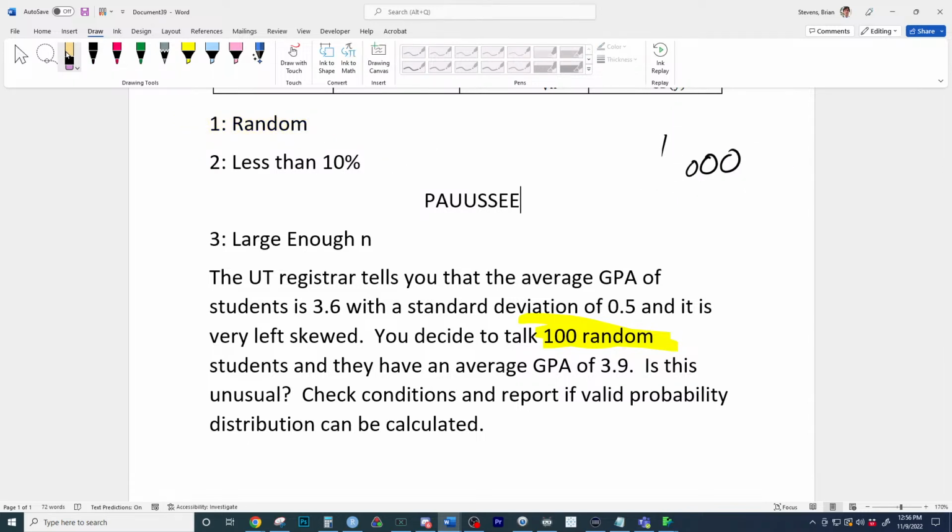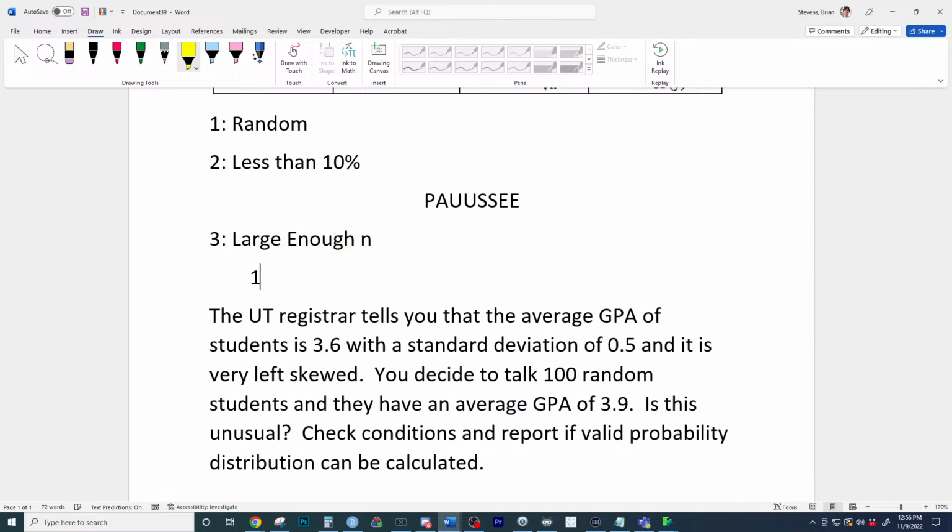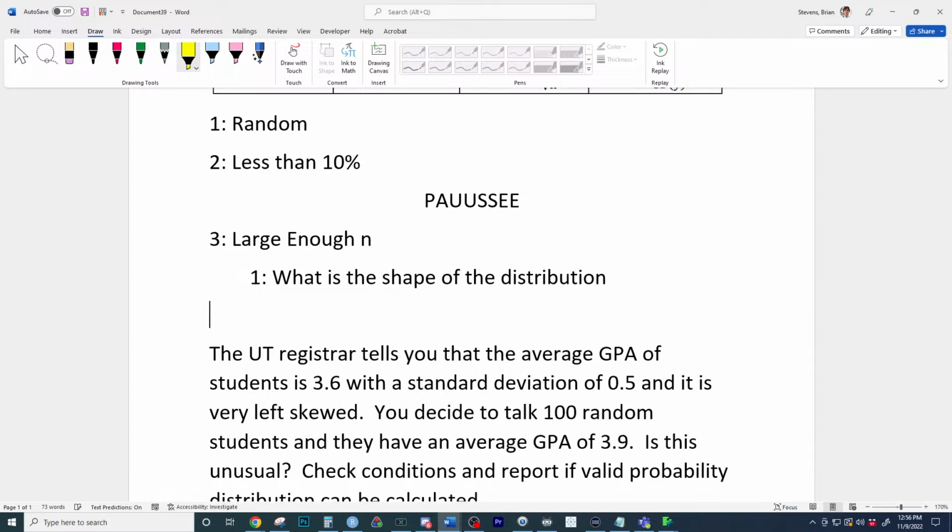So the last condition is the large enough n condition. To check large enough n, there are 3 steps. Step 1, what is the shape of the distribution? Step 2, what size do we require with this shape?